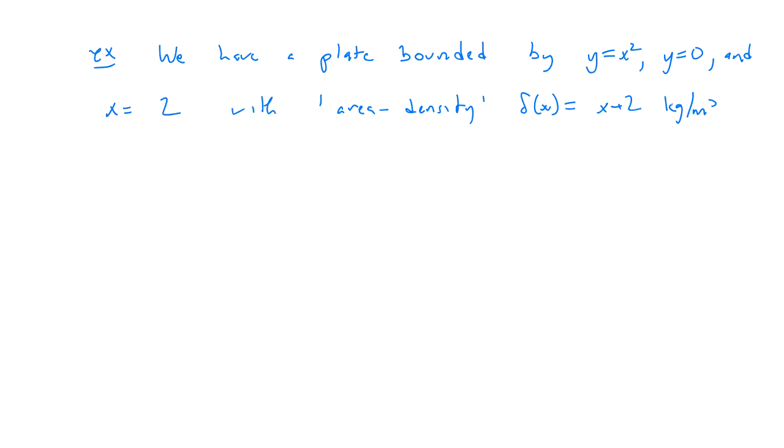So now let's look at a two-dimensional thing. So here's our plate. And again, we have to cheat a bit because that's two-dimensional. We can't talk about mass for a two-dimensional object.